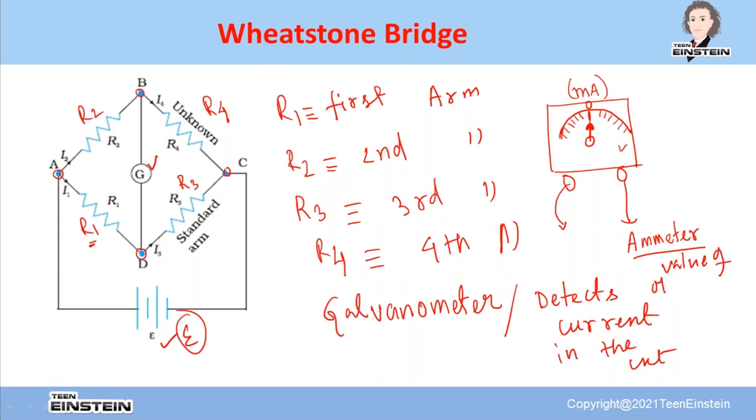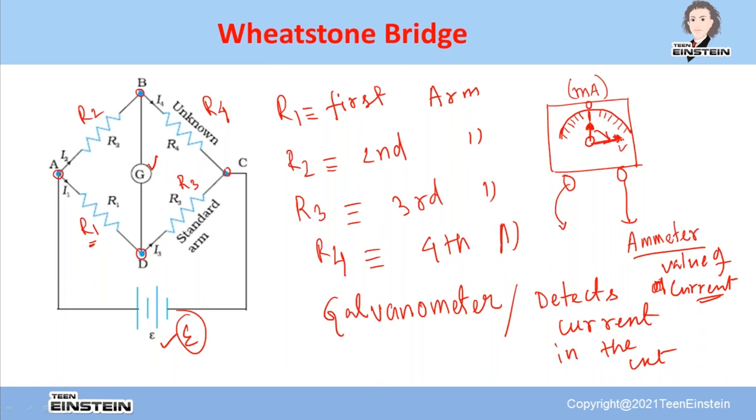So the galvanometer can detect the presence of current, and the ammeter can give you the value of the current.